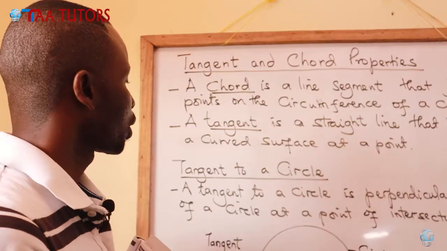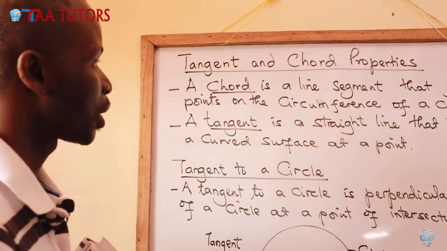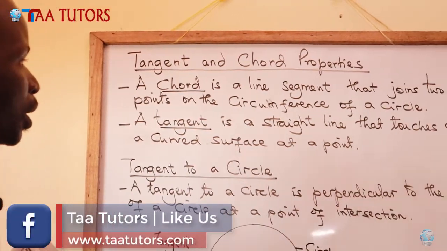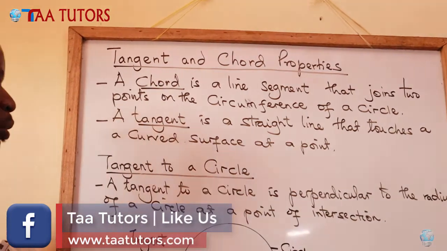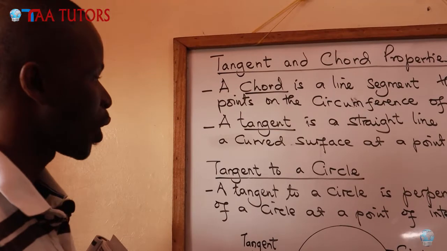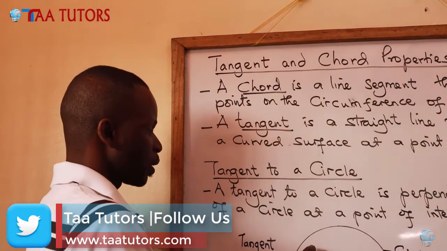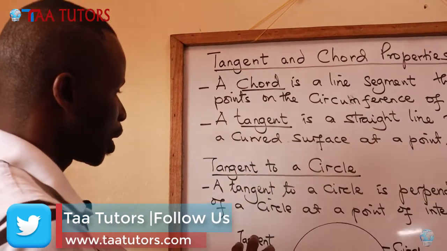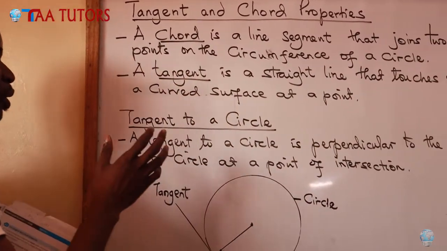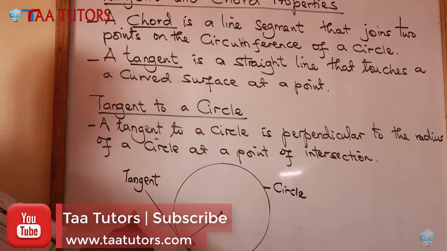Now the next part that we are dealing with is tangent and chord properties, and you realize that mathematics is very interesting because the concepts you have to deal with here are concepts that you have met somewhere in the course of your study. For example, the first concept is the tangent to a circle, the relationship between the radius of a circle and the tangent to the circle.